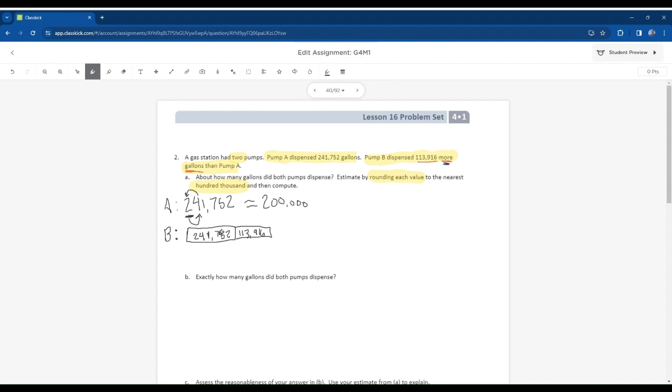So really, I'm going to have to add these two amounts together to figure out how many was pumped in Pump A.